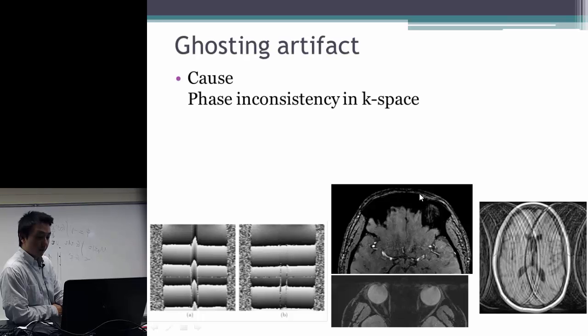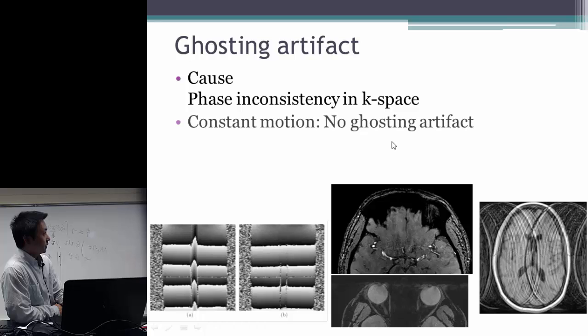Okay, so motion can create a lot of trouble, especially giving you different kinds of artifacts. One of them is the most famous, the ghosting artifact. The ghosting artifact is caused by phase inconsistency in k-space.